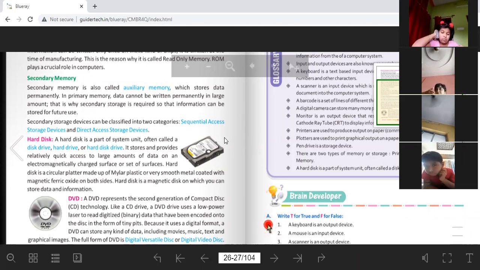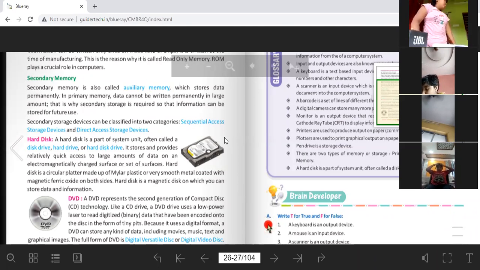So hard disks are used in offices and laboratories to save a huge amount of data, or in the big computers in offices where we can store a large amount of data and have quick access to it. Mylar is a type of plastic.